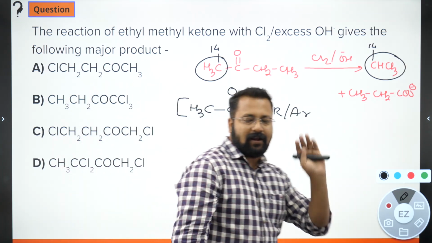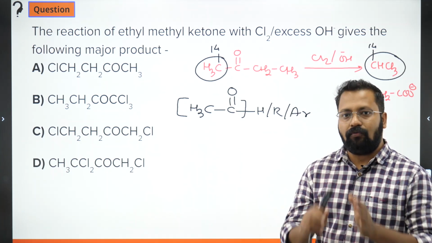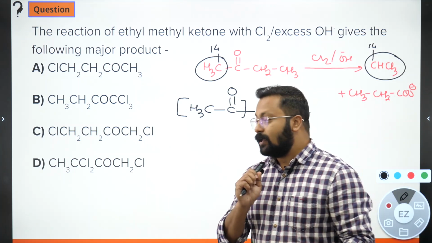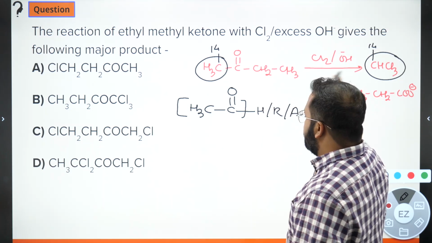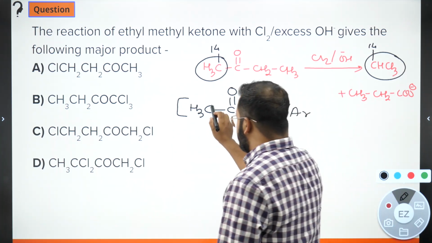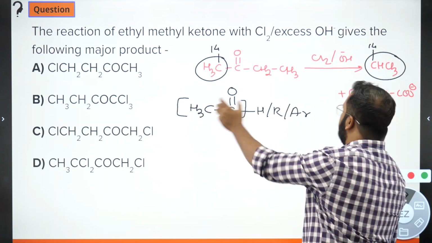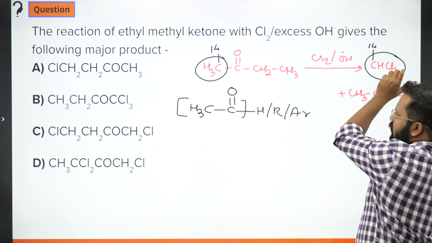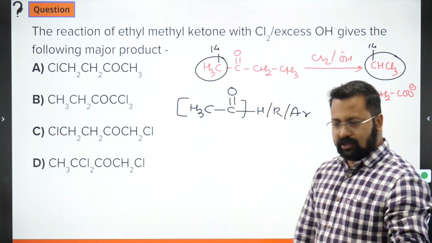Anything can be present here, but a methyl group should be connected to C double bond O for it to give the haloform reaction. Now, when the haloform reaction takes place, the reaction takes place in a number of steps, and this carbon has been changed into CHCl3. Call it CHX3. X could be a halogen atom.